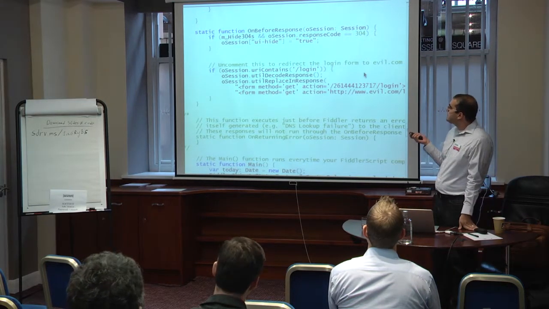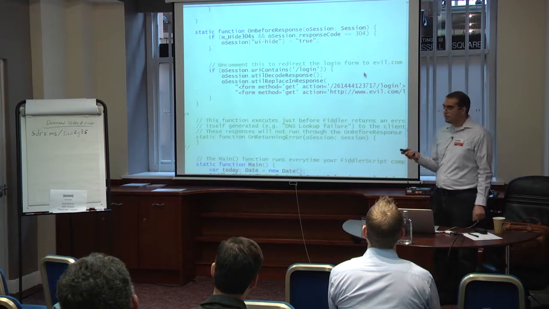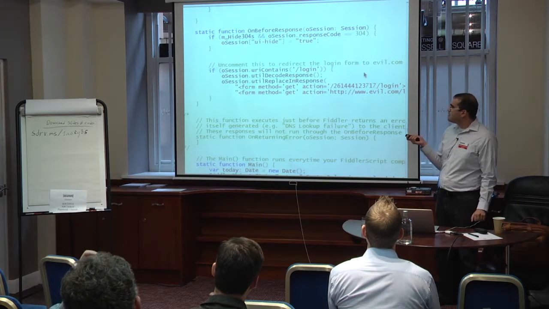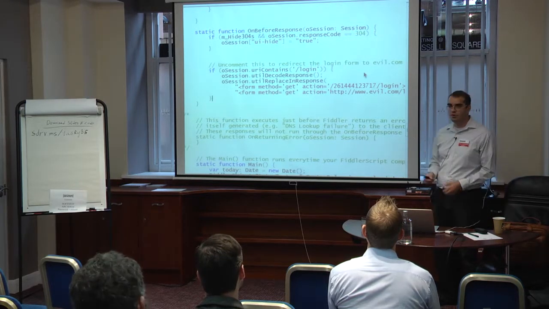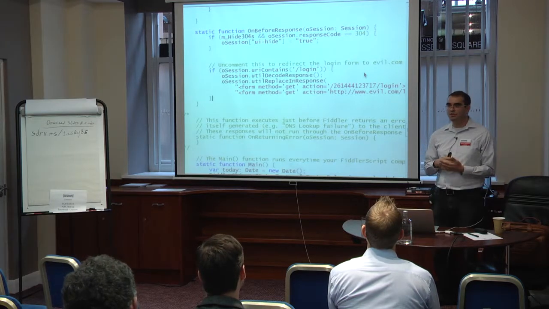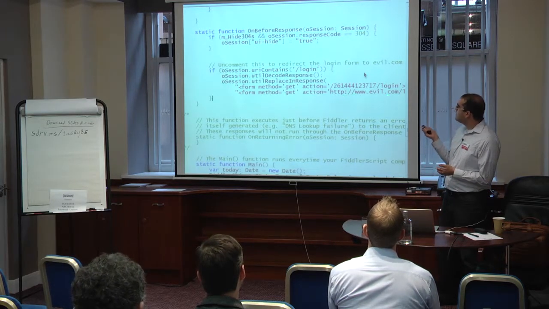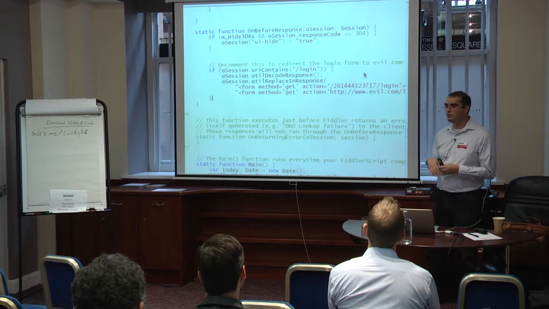And then it replaces in that response the form HTML tag. It replaces the action from the login, which is the valid authorized thing to do, with evil.com/login or whatever.